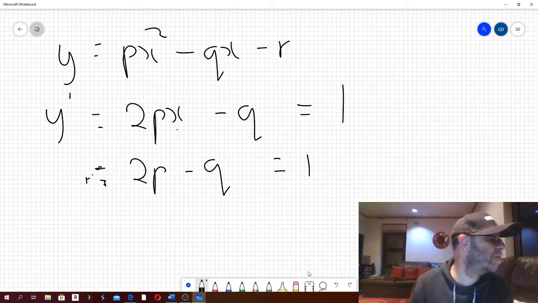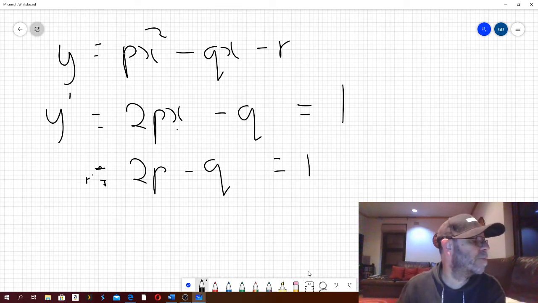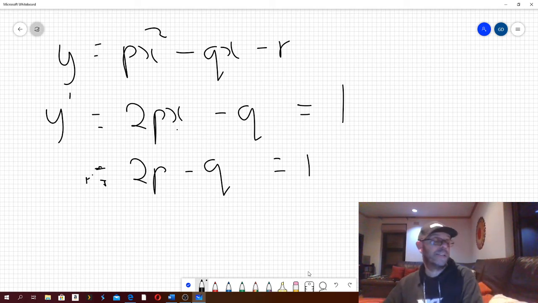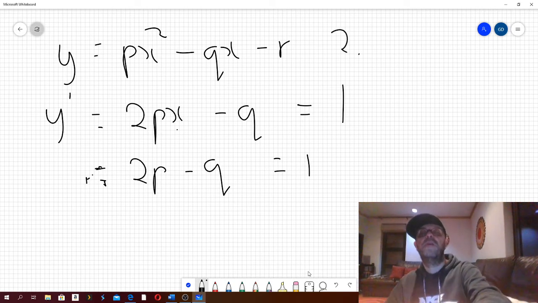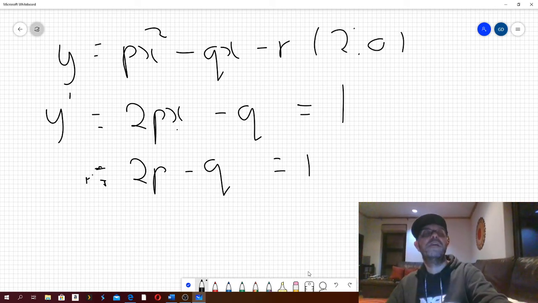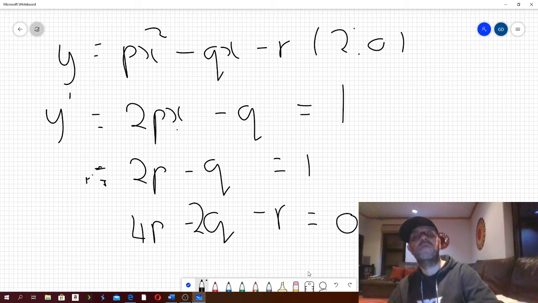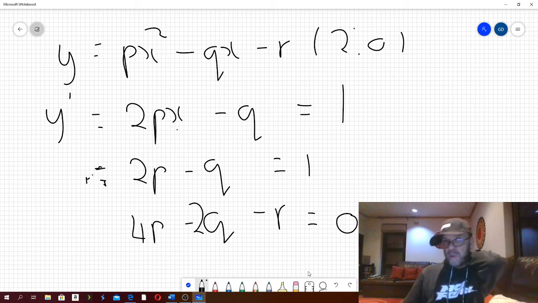Now it says that the curve crosses the x-axis where x is 2. That means that the point (2, 0) is on the curve. If I put (2, 0) into the original equation, I'm going to get 4p minus 2q minus r equal to 0, because y will be 0 at that point.